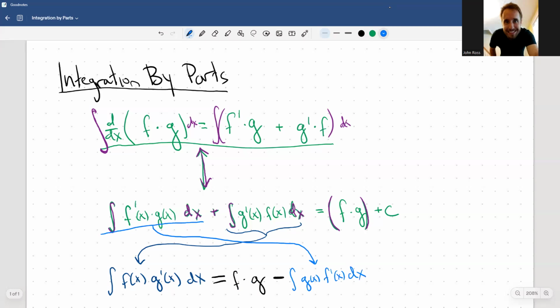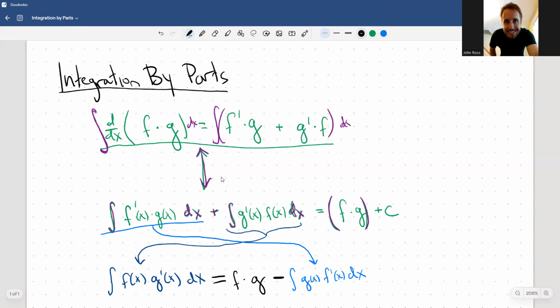And we could include this plus c if we wanted to. I'll note, though, that as part of taking this antiderivative on the right-hand side, that will automatically include a plus c. So this plus c, I don't actually care about whether I keep it in there or not for the moment, take it or leave it. But this is the core formula that is going to be used for integration by parts.